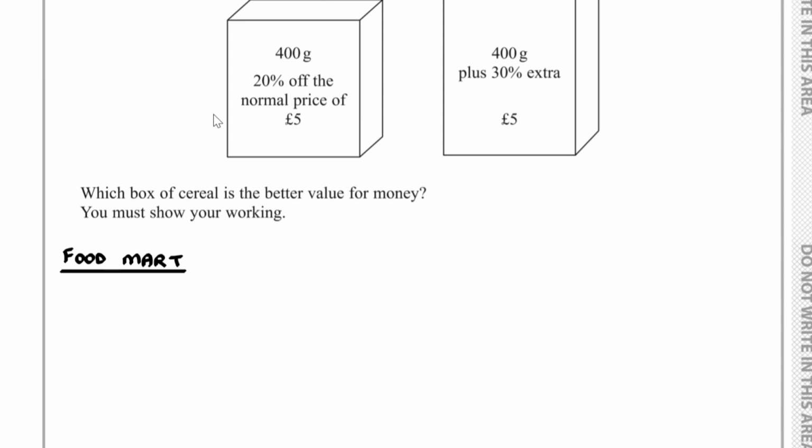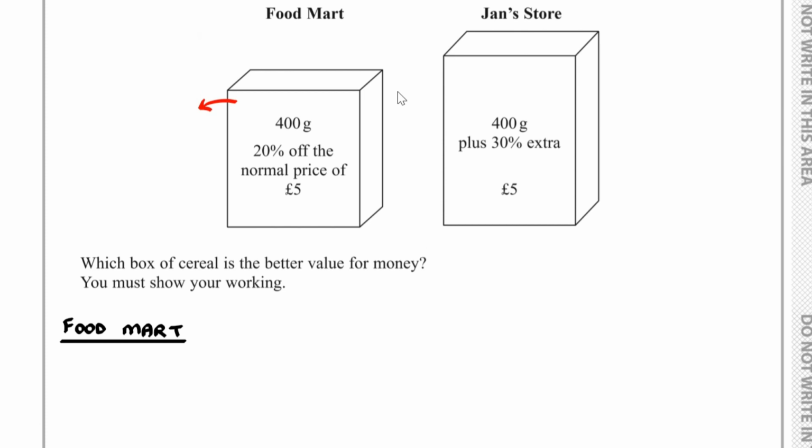So that means that if I work out the 20% off the normal price of £5, well, 20% is equal to £1, and therefore 20% off will equal £4. £5 take away £1 is £4.